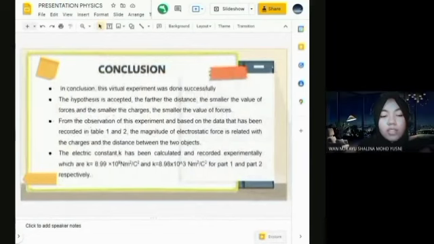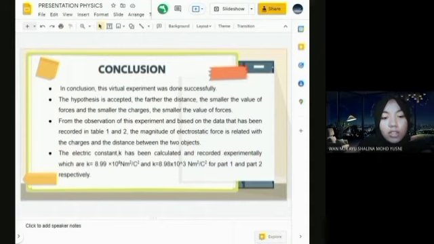Okay, thanks to Najwa. In conclusion, this experiment was done successfully, and the hypotheses are accepted: first, the farther the distance, the smaller the value of force, and second, the smaller the charges, the smaller the value of force. From the observation of this experiment and based on the data recorded in Table 1 and 2, the magnitude of electrostatic force is related to the charge and the distance between the two objects.